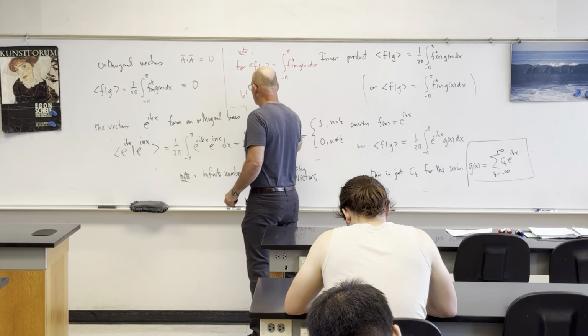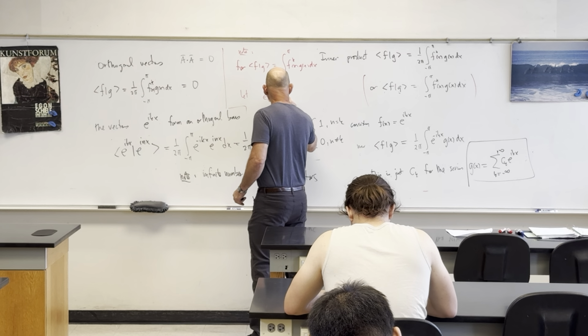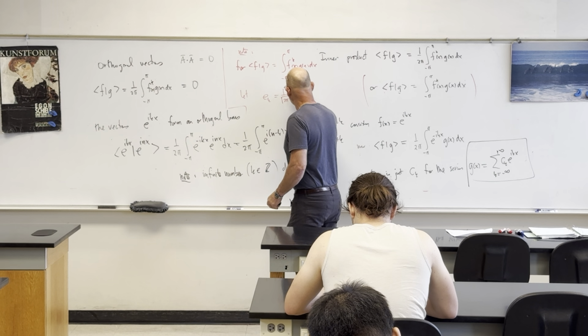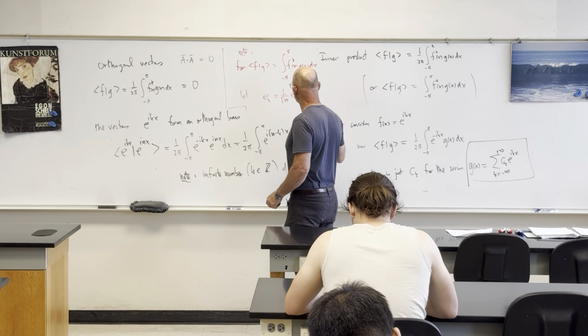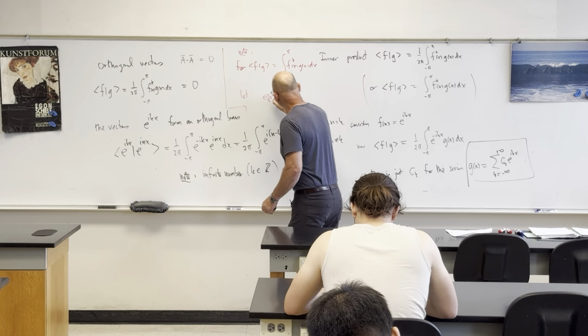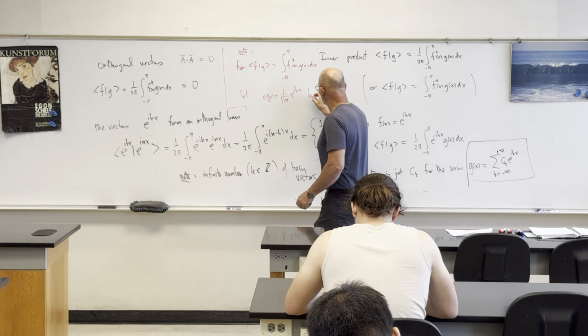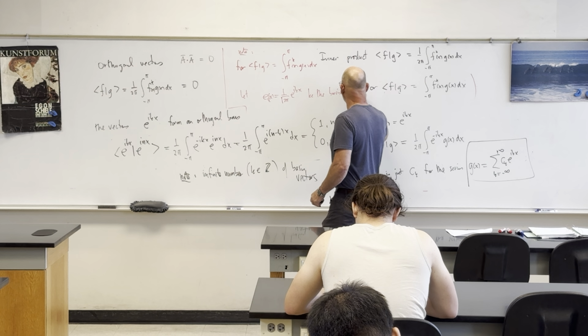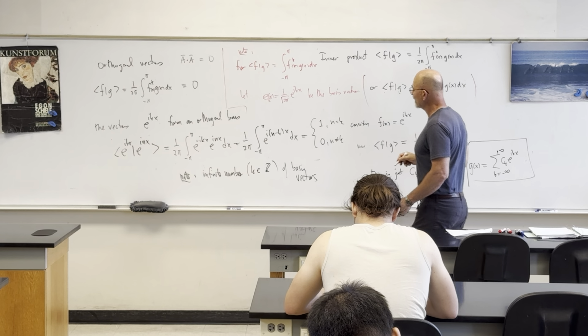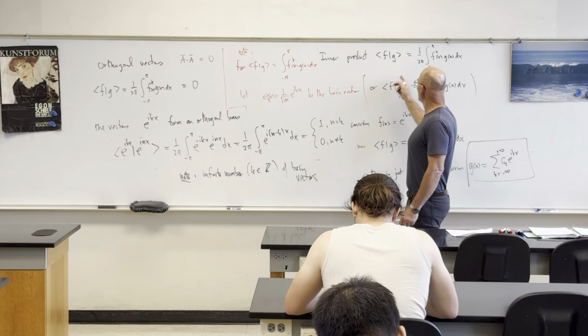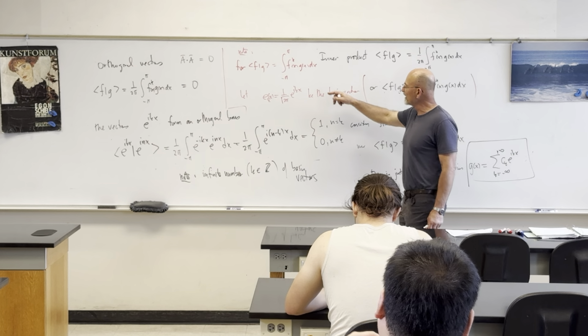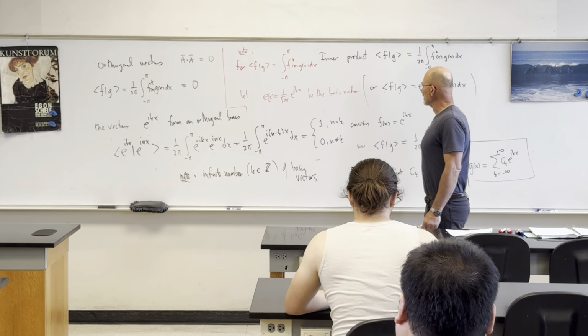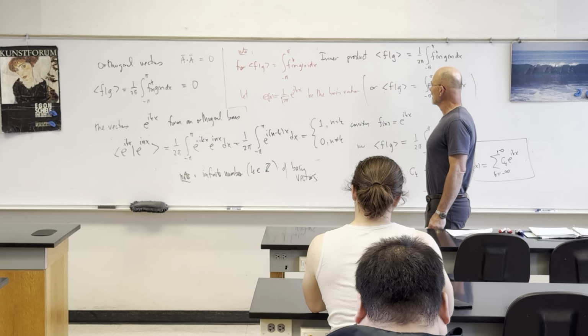For this one, let e sub k equal 1 over root 2 pi, e to the i kx. Let's call this e sub k of x the basis vector. And that takes care of that 1 over 2 pi. You just define it in there and it's all the same, other than that.